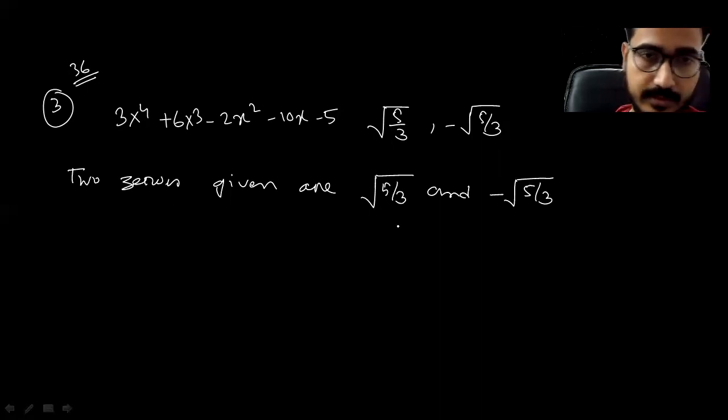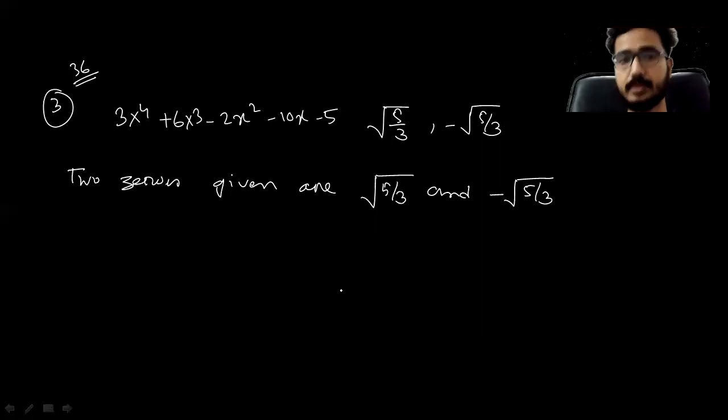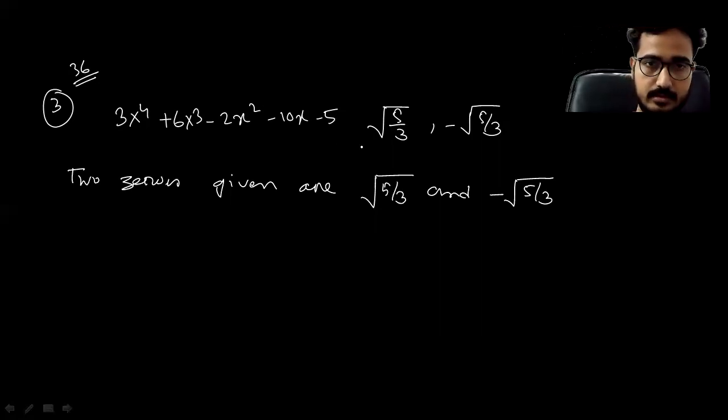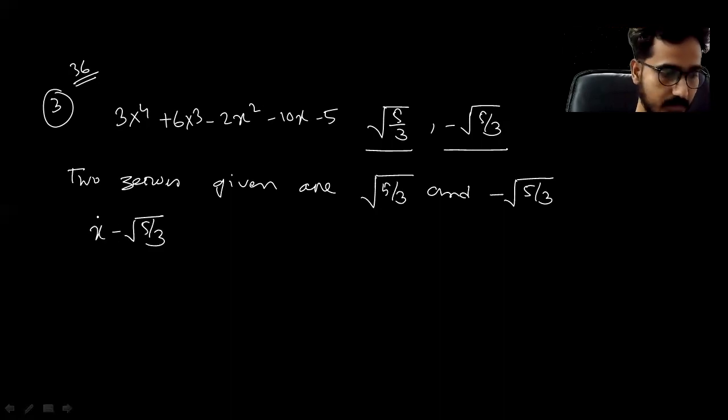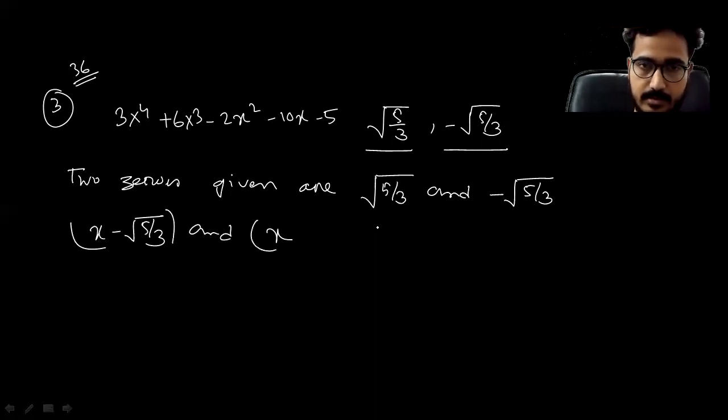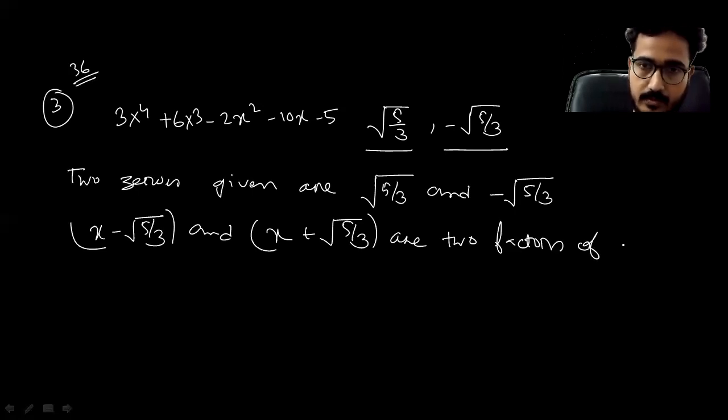So if two roots are given, then according to the factor theorem, these two are the roots of this equation. That means by the factor theorem, x minus root over 5 by 3 and x, since it is minus, it will be plus, x plus root over 5 by 3 are two factors of the given polynomial.